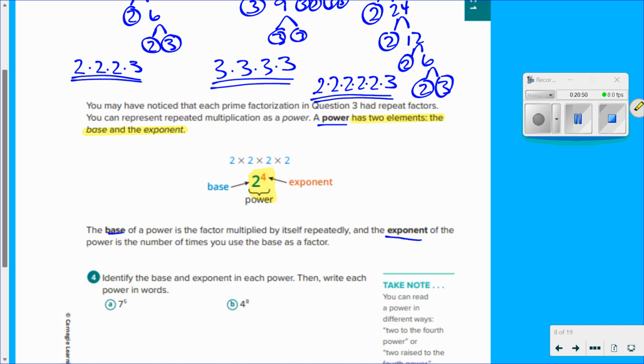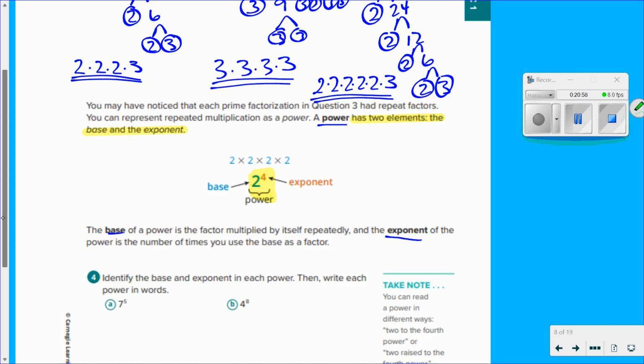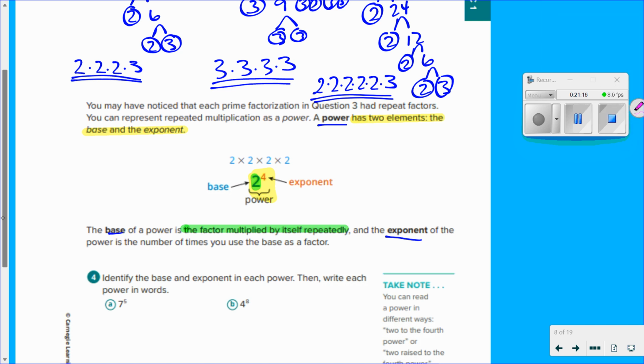Okay? Or we have a base. The base of a power is the factor multiplied by itself repeatedly. Or in this case, the base is just the number 2. The other thing we have is the exponent.